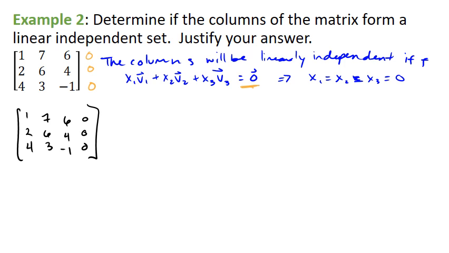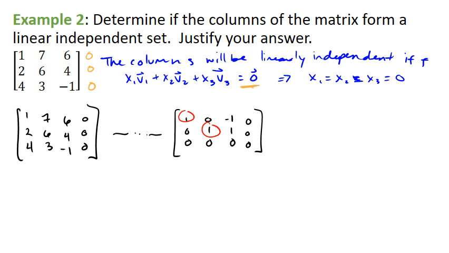You can do it by hand, you can plug it into your calculator, whatever works for you, but this ends up being equivalent to the following. Okay, so here we can make some observations. We have some pivots, but no pivot here. We have this row of zeros.